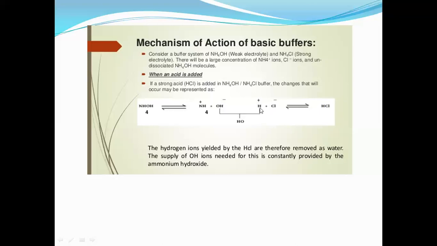When hydrogen ion is formed, it is combined quickly with the hydroxyl ions, and water is formed. Here the letter is missing, it's H2O. The hydrogen ions yielded by this HCl are therefore removed as water.